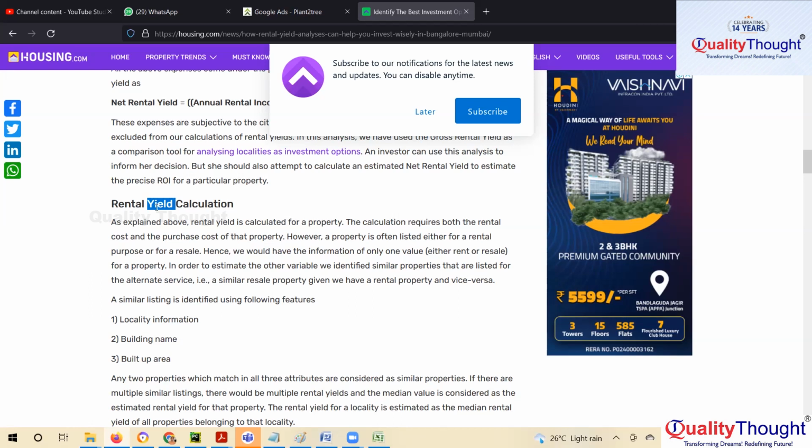Not 35%. 0.35%, not 35%. Multiplying into 100, 35,000 into 100 will be 35 lakhs, where 1 crore is 0.34. How many times will you multiply with 100? 1 time or 2 times? Sir, I have taken 1 lakh.